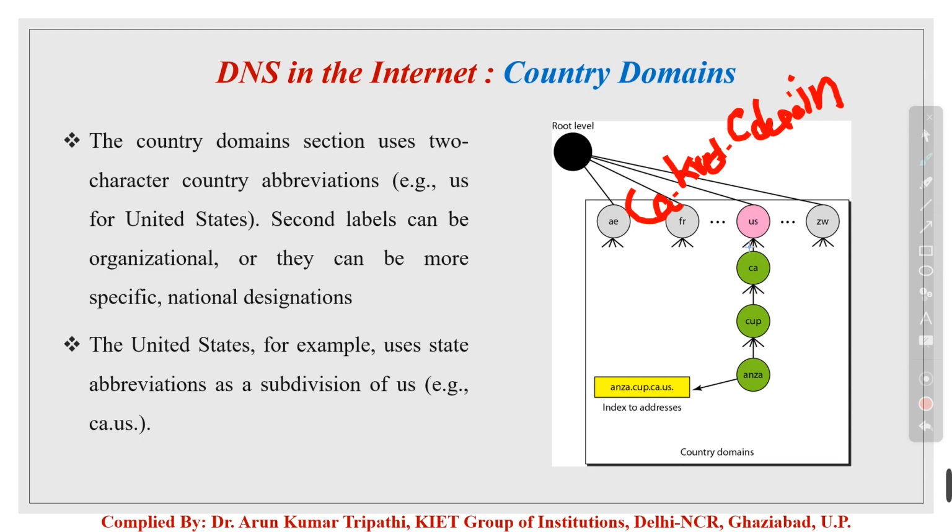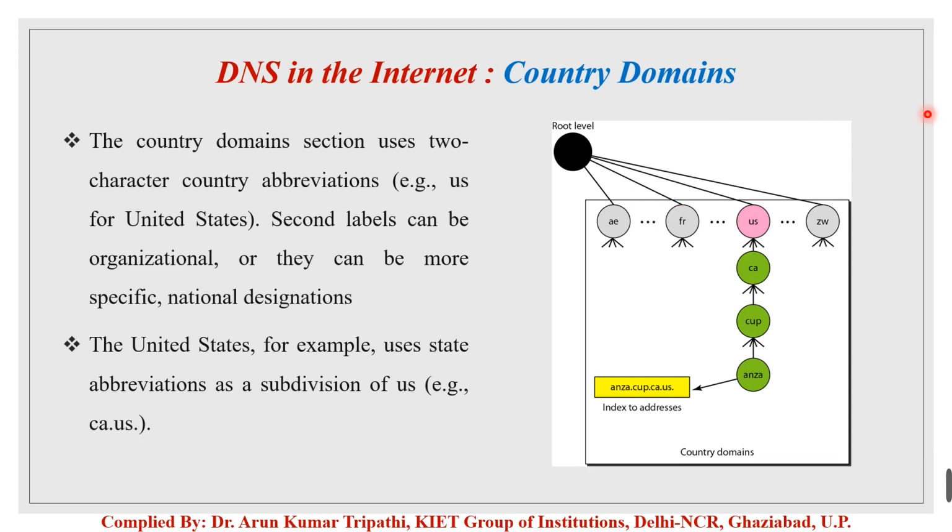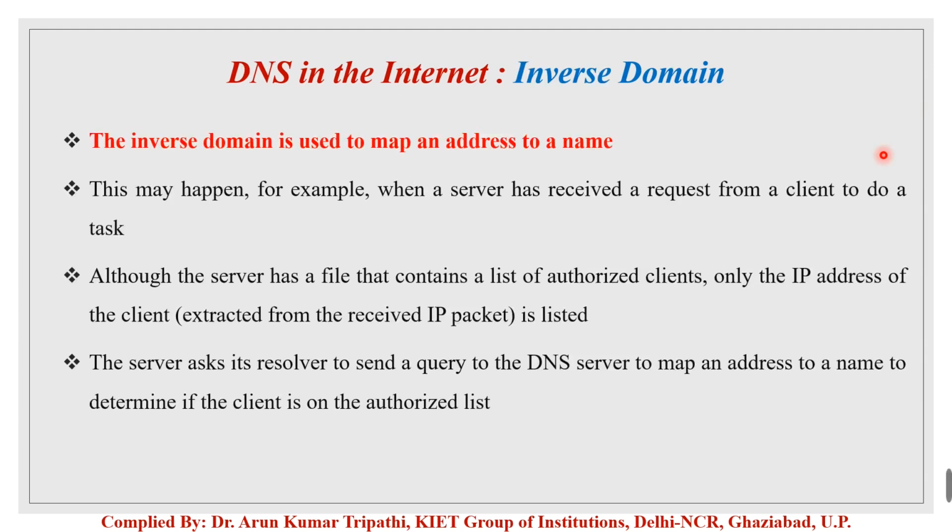The next one is the inverse domain. Basically, the inverse domain is used to map an IP address to a name. This may happen, for example, when a server has received a request from a client to do a task.